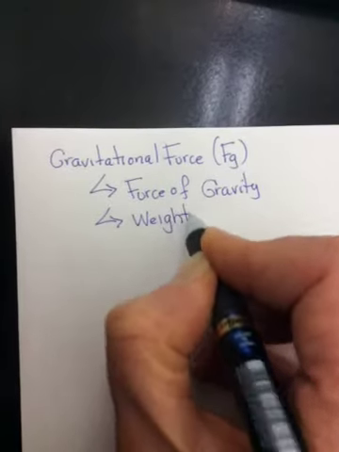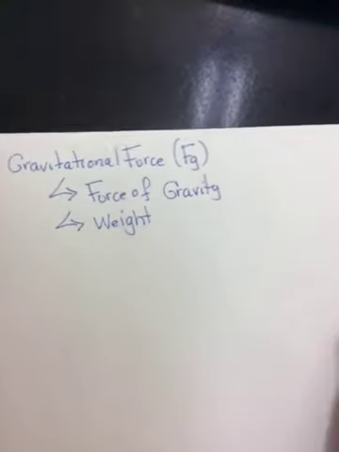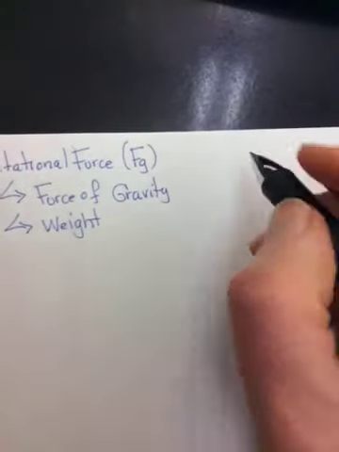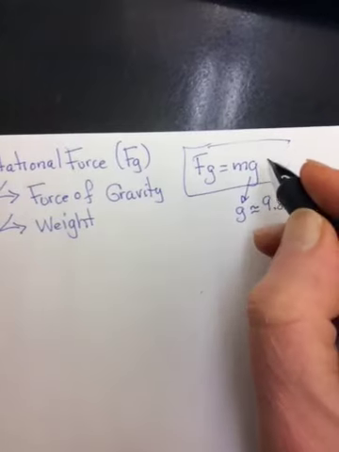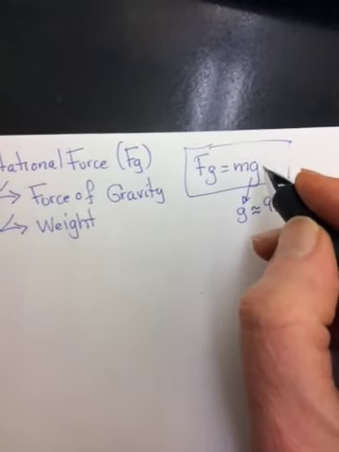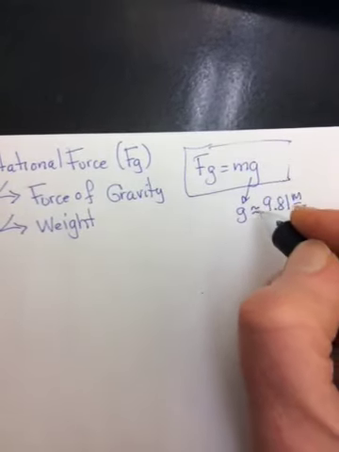Okay? And we know from grade 11 and from what we reviewed in class that for now, until we get to planets, we will use Fg is equal to mg, where this little g at or near the surface of the Earth is equal to 9.81 meters per second squared for us. Moving away from the surface of the Earth, moving on to another planet, onto the moon, there's still a value for g.